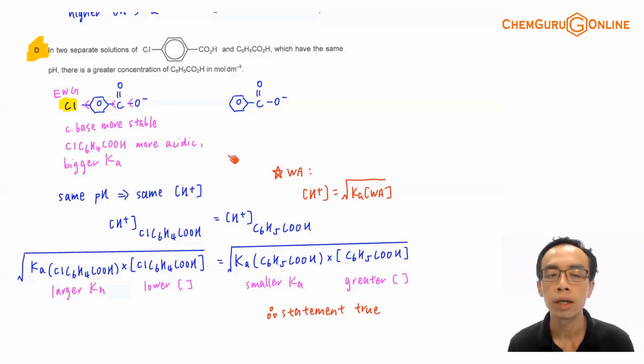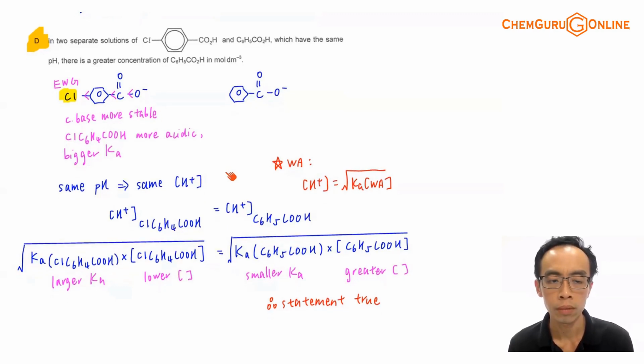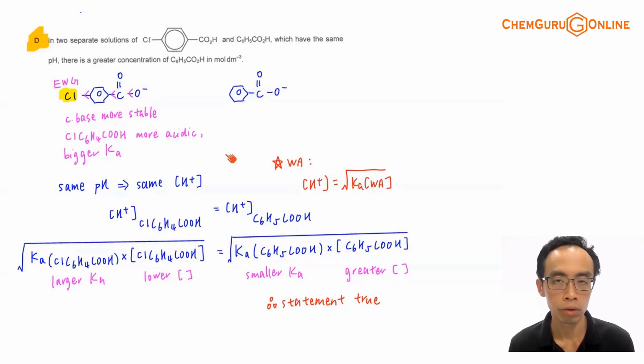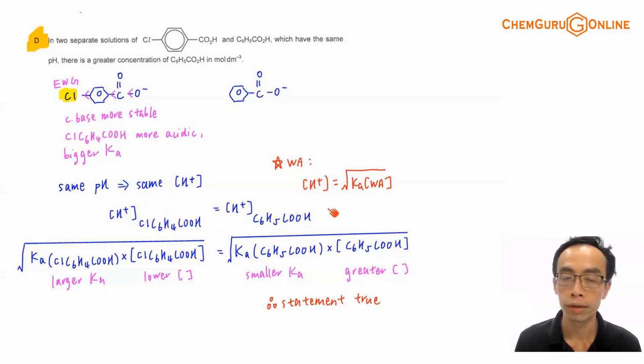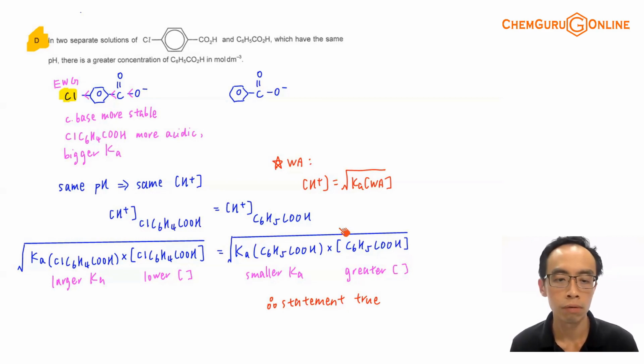So far, so good. The next thing is, the question tells me I have two separate solutions with the same pH, which means they have the same H+ concentration. If the H+ concentration of chlorobenzoic acid is equal to the H+ concentration of benzoic acid, can I do a comparison involving the concentration of these two acids?